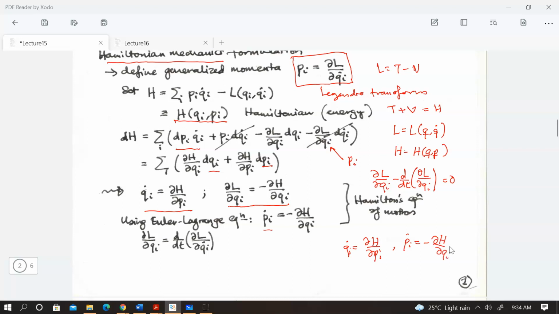So this is called Hamilton's equation, and this replaces your Euler-Lagrange equation.